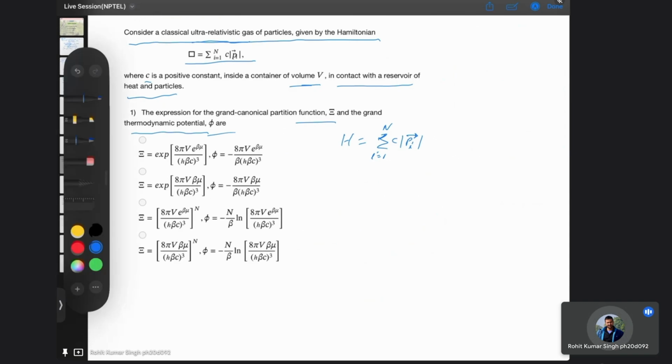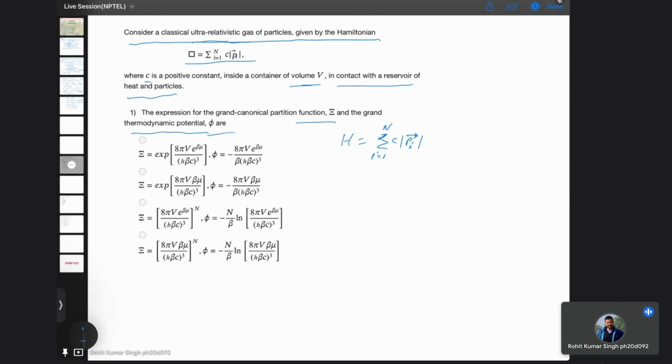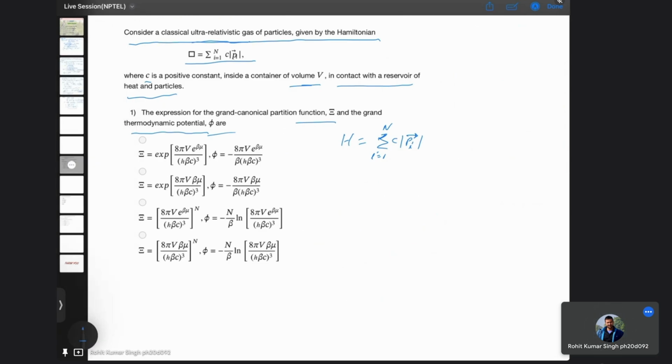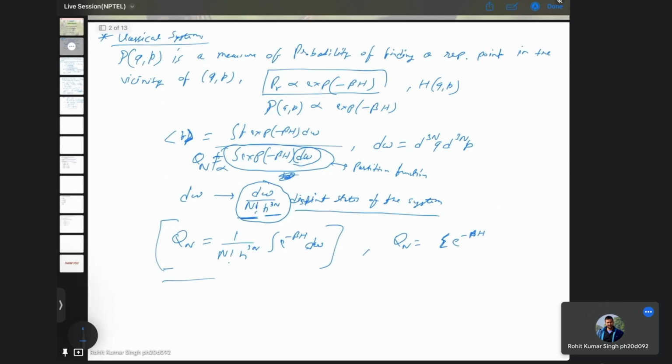And we know that for a classical system, the partition function is given by this expression, right, that we calculate.